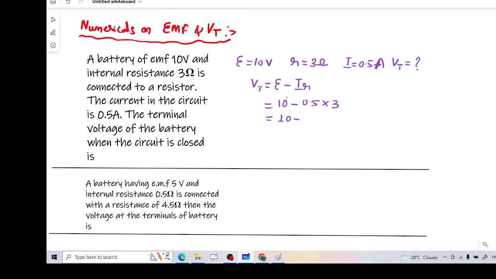So 10 minus 0.5 into 3 is nothing but 1.5. So 10 minus 1.5 is 8.5 volt. So this terminal voltage is 8.5 volt. This is a simple one, a direct question. With the help of this formula we have solved it. So, next one.